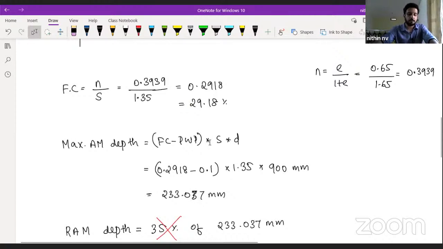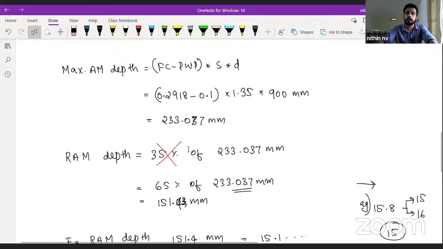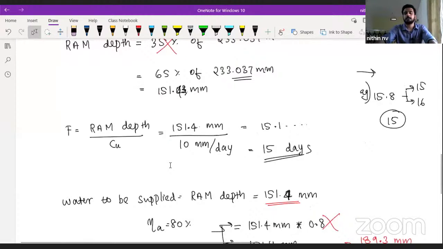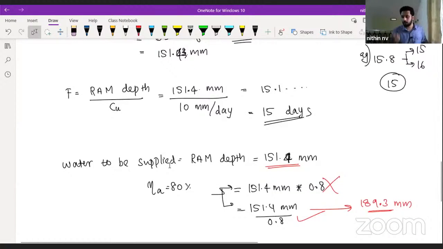Very important. Now see guys, generally the application efficiency value we will not take in the calculation of frequency. But suppose in the question we have two options. One is that we keep the frequency the same and give more water, 189.3 mm of water once we give it, but the frequency remains the same.